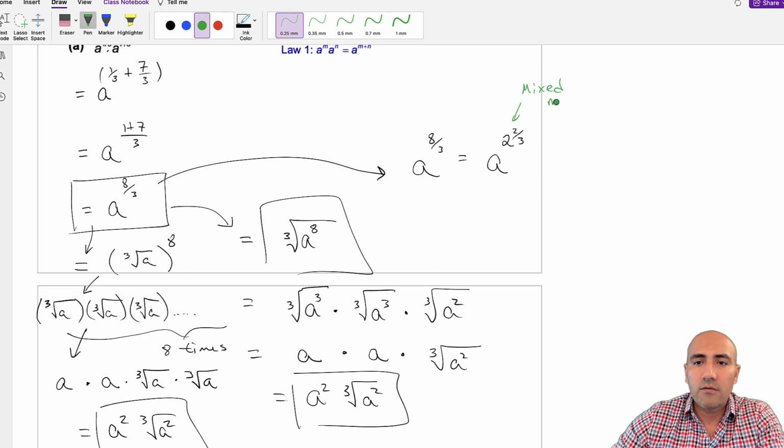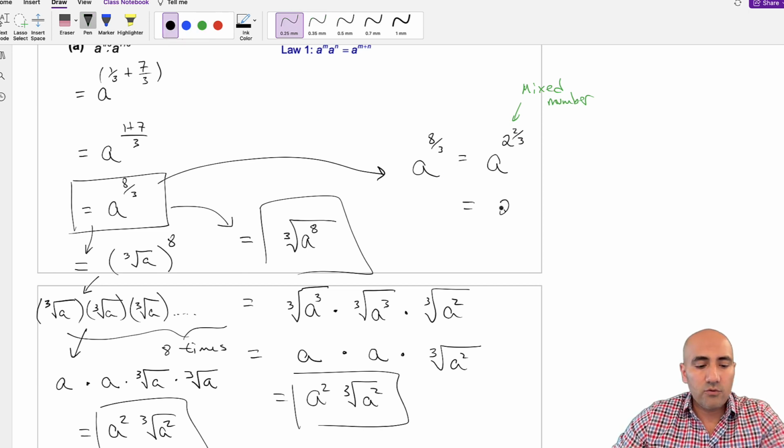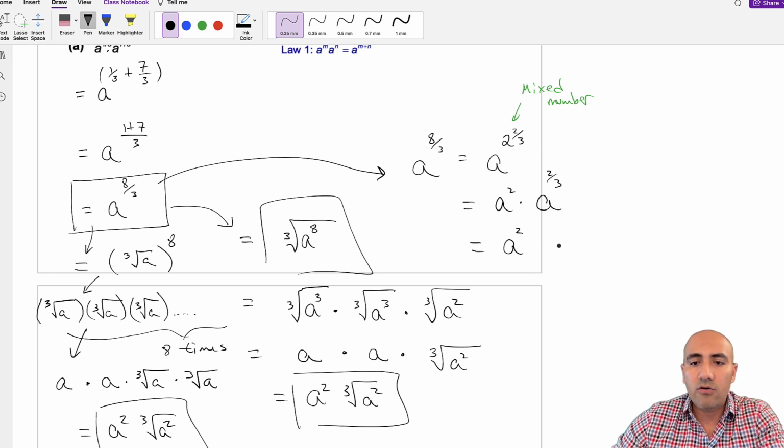Mixed number, right? So there's 2 whole copies and then 2/3 copies. So this is the same thing as a to the 2nd power times a to the 2/3 power, which once again gets us back to the same thing, a to the 2nd power, and then the cube root of a squared.